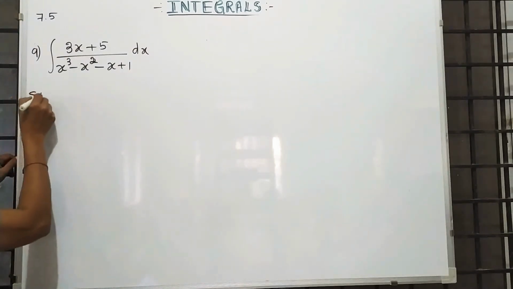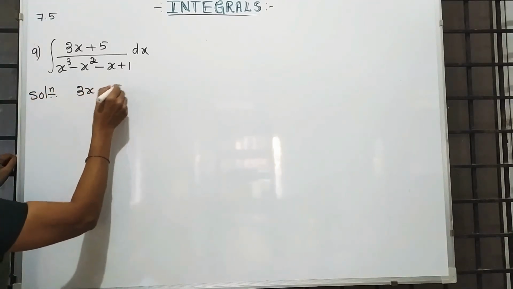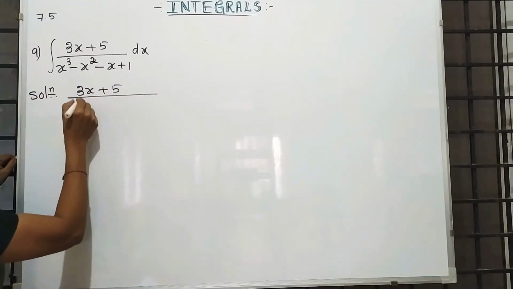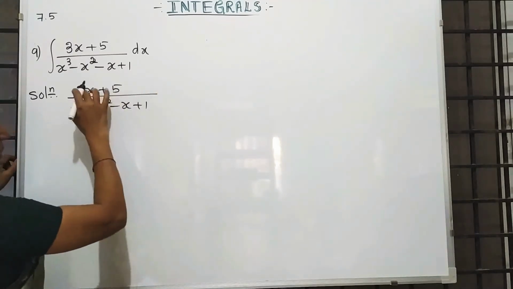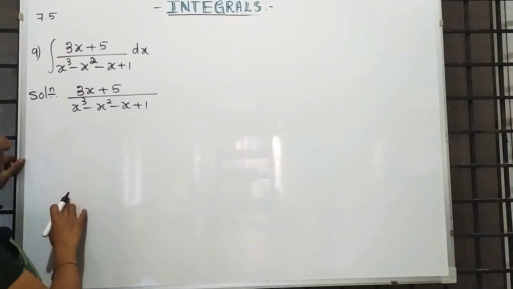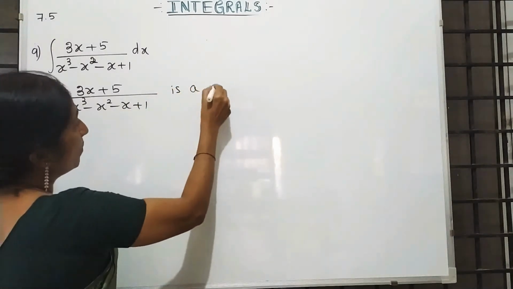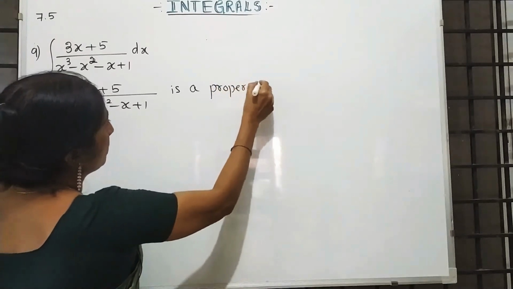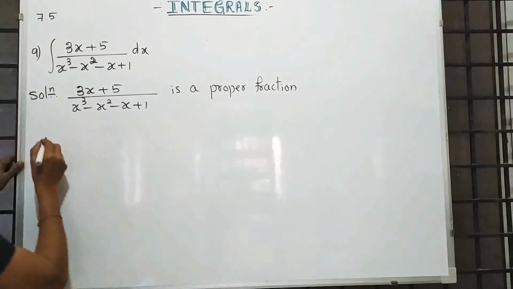First, as usual, we have to identify whether it is a proper or improper. 3x plus 5 upon x cube minus x square minus x plus 1. See, highest power of x in the numerator is 1, in the denominator 3. So it is a proper fraction. Numerator is less than denominator.